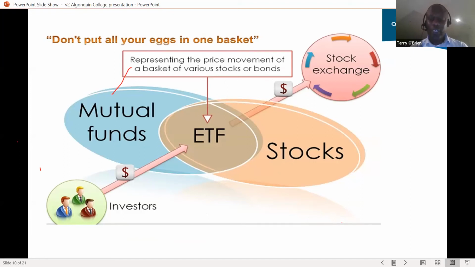But more importantly, what diversification does is you can take advantage of market opportunities to buy asset classes that aren't doing as well during a certain market run. So to this particular slide, don't put all your eggs in one basket. It's good to diversify across different asset classes so that you can earn stable returns over the long run.